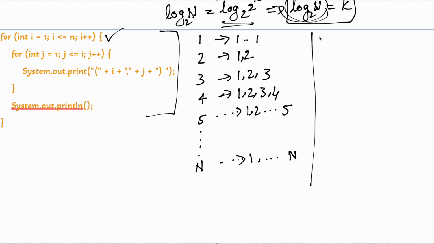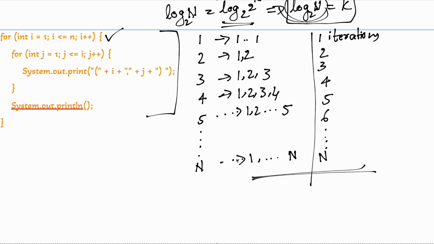Here it is 1 iteration only. Here it is 2 iterations, 3 iterations, 4 iterations, 5 iterations, 6 iterations, and so on.